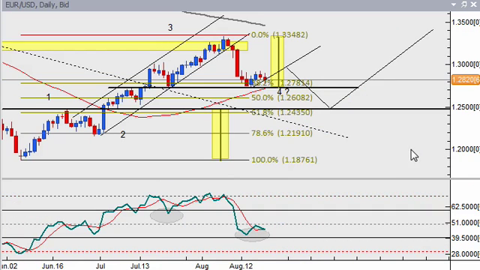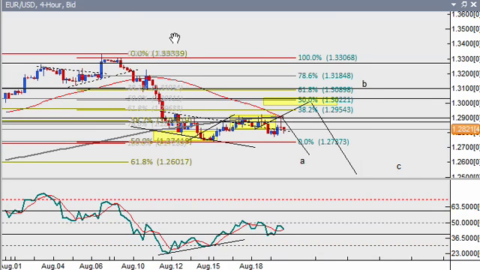Starting with the euro dollar, we are going to stalk this decline as we may be in the fourth wave. Within this fourth wave, let's take a look at how the market's developing. We know that it shouldn't go below 1.2450, preferably above 1.25. Euro dollar in the 4-hour time frame.